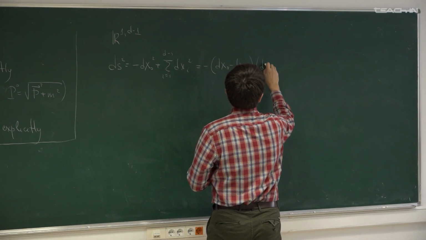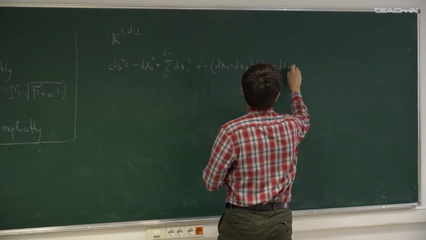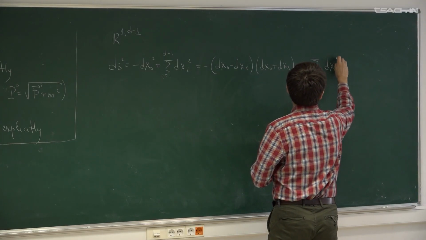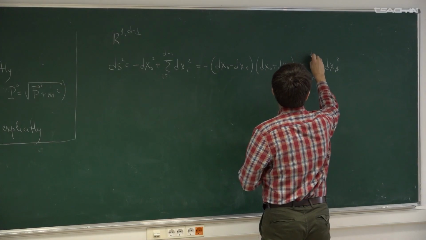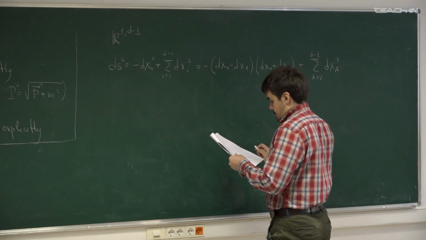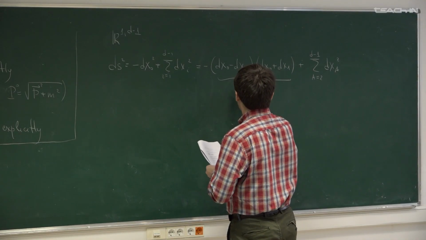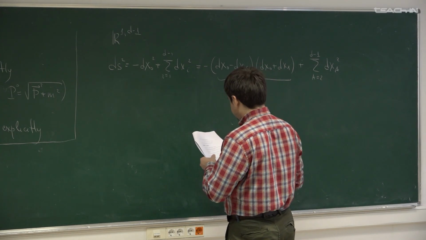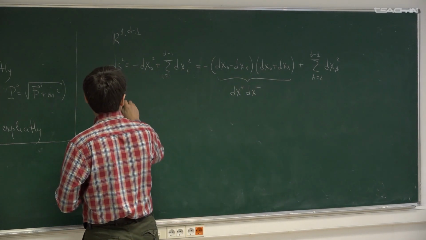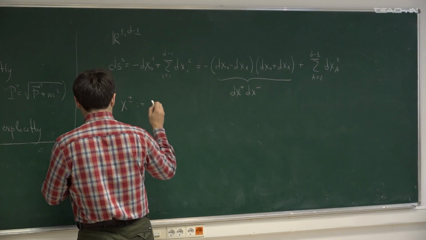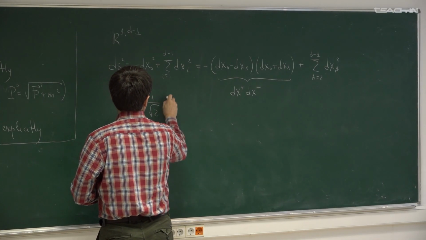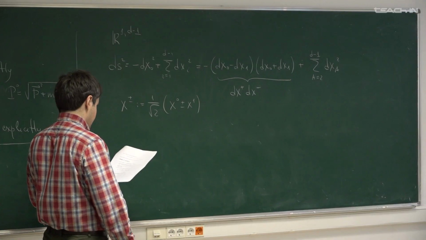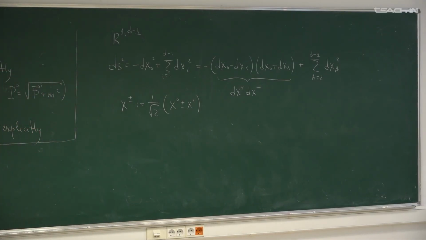And then we have dx plus dx minus, where x plus minus is by definition 1 over square root of 2 times x0 plus minus x1. So these are called light cone coordinates.